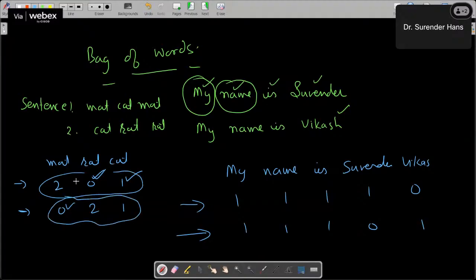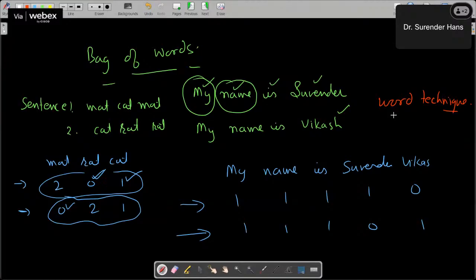So one hot encoding we know, and bag of words we also know. But the real point is, when the technique that we call word embedding came, it was much more advanced than all the other existing techniques.